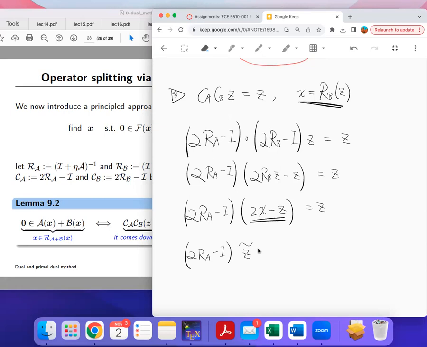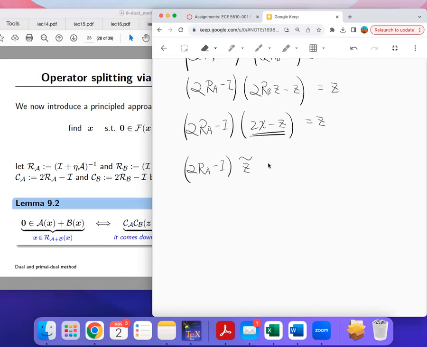We define Z tilde as 2X minus Z. Right, so here we use 2X minus Z equals Z tilde. And then here we have 2 times RA Z tilde minus Z tilde equals Z.